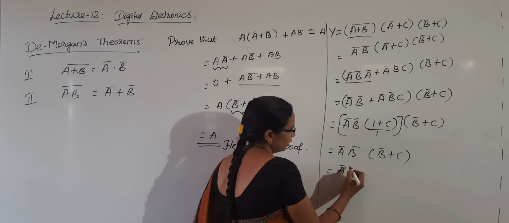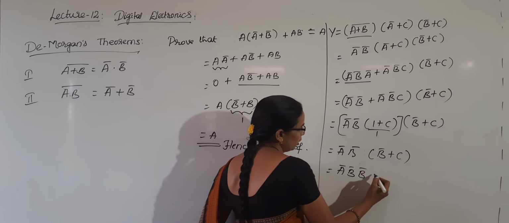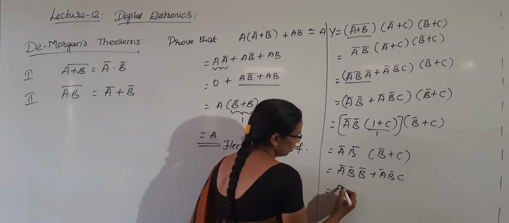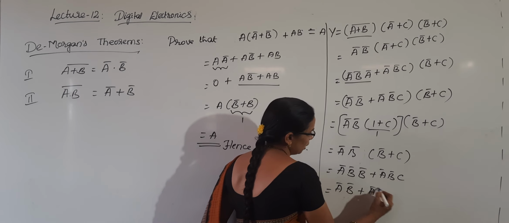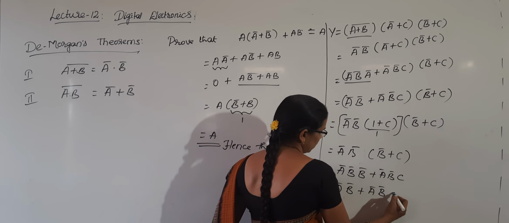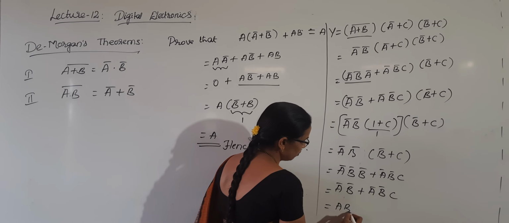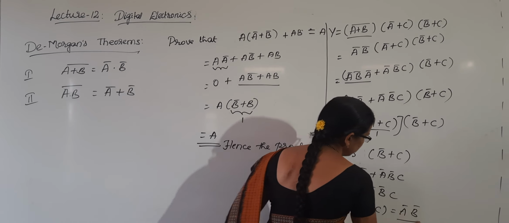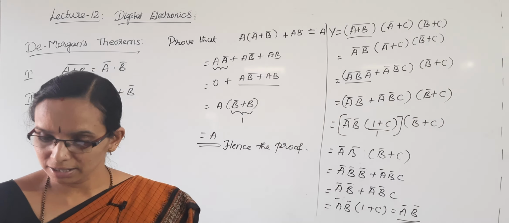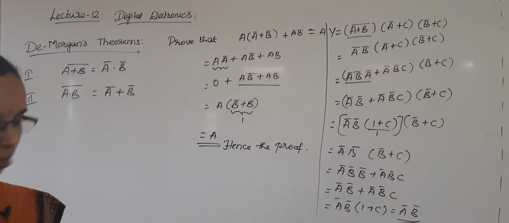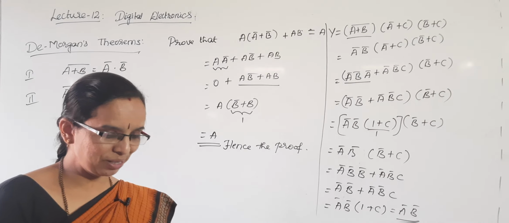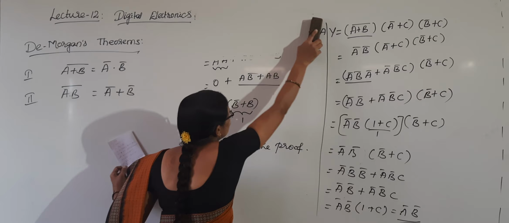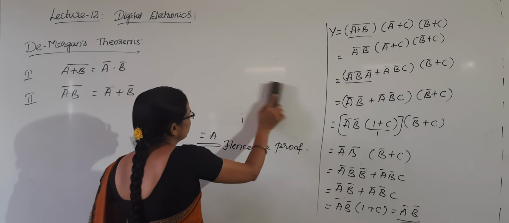I can split it: a bar b bar into b bar plus a bar b bar into c. If I take a bar b bar common, 1 plus c, the final answer is a bar b bar. I guess this problem is repeated, sorry. Next problem will continue.